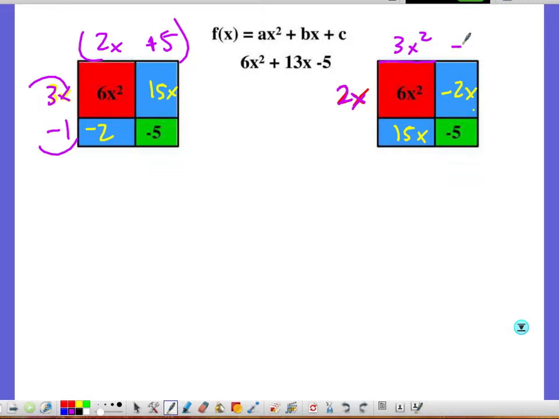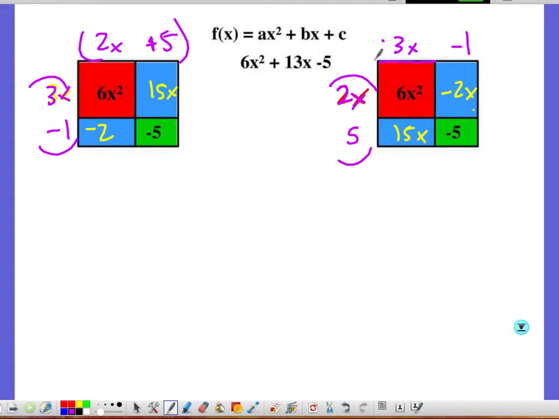Well, that's going to be negative 1. Okay, 3x times what gives me 15x? Well, that's going to be 5. 3x times 5 gives me 15x.